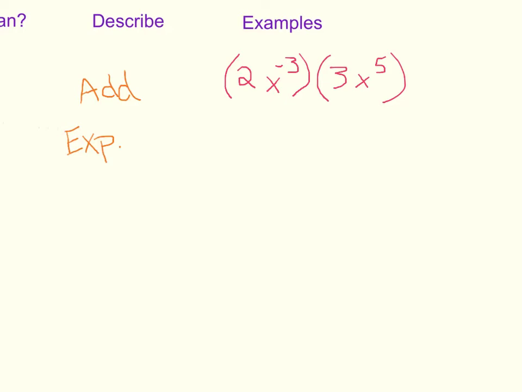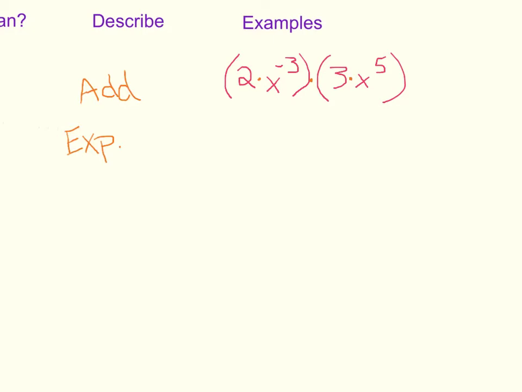All we're doing is multiplying. So, all of this is 2 times x to the negative 3 times 3 times x to the 5th power.